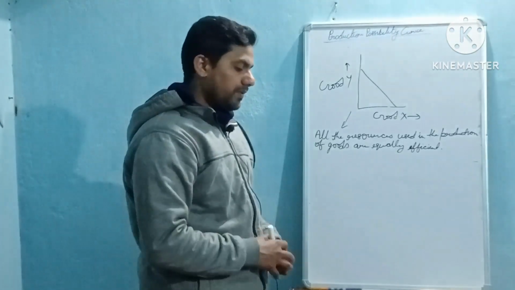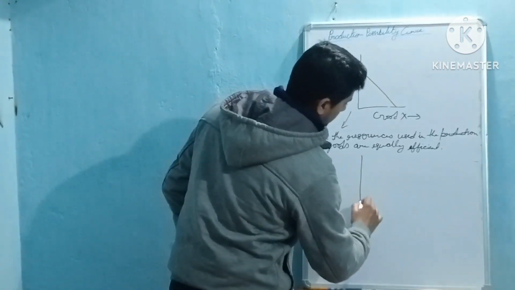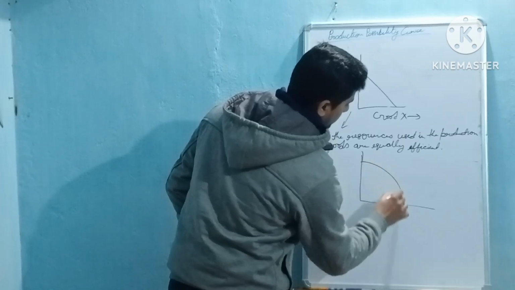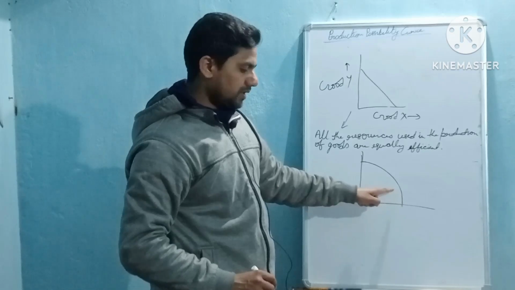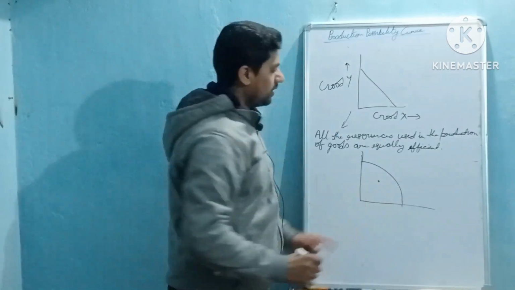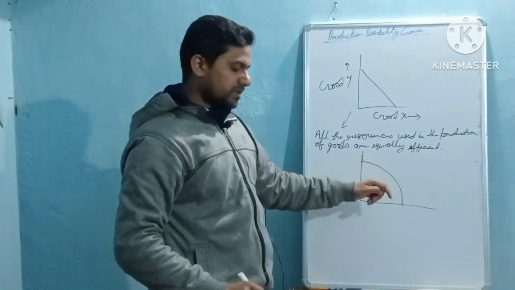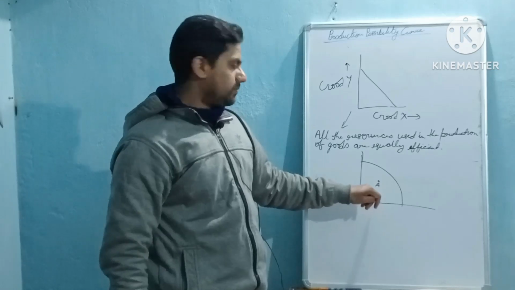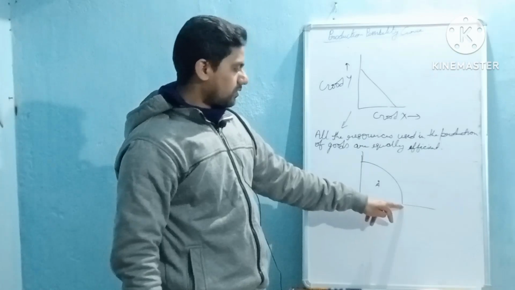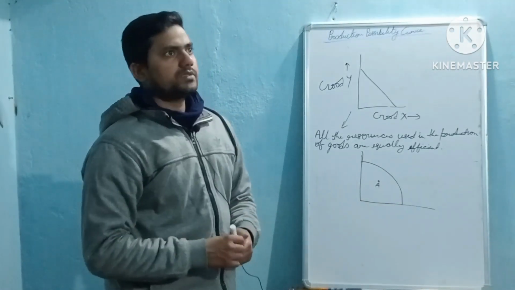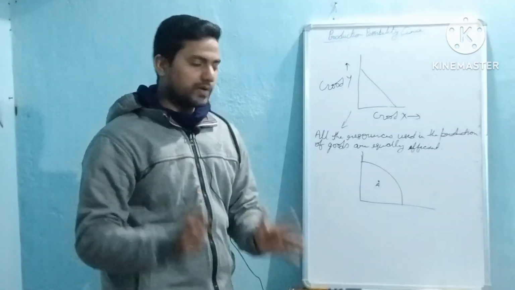Here this one is the production possibility curve, and I already explained that all points inside and on this production possibility curve, whatever combination of goods and services we want to produce, are feasible, means possible.